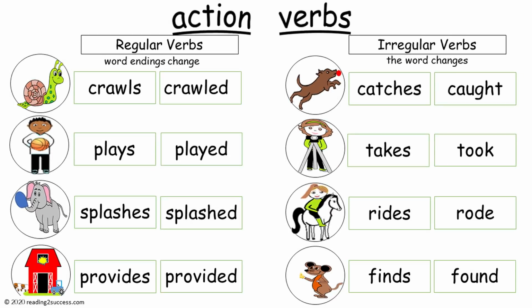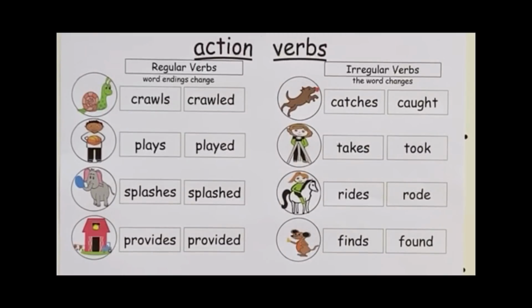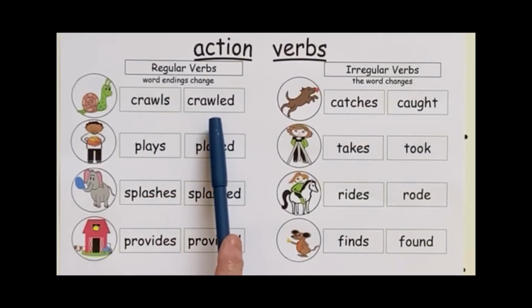Now we need to look closer at regular verbs and irregular verbs because both were used in the last activity. We had the present and we changed them to the past. So crawls changed to crawled. We dropped the S and added ed.